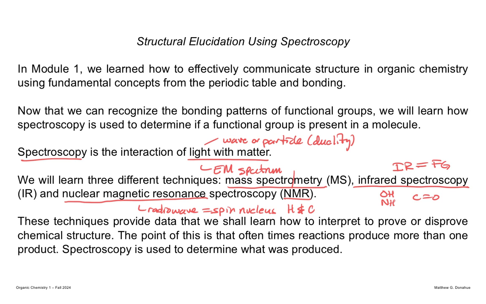So that was the point of doing that exercise in Module 1 of determining uniqueness of H and C sets, because that's going to help you interpret the data when you actually see it. And the reason we're doing this chapter now on spectroscopy in semester 1 is that as we run reactions, reactions can produce more than one product, and we need to know how to differentiate those products to confirm what was actually formed.